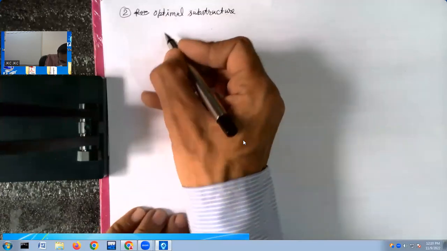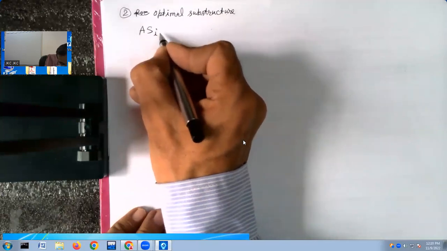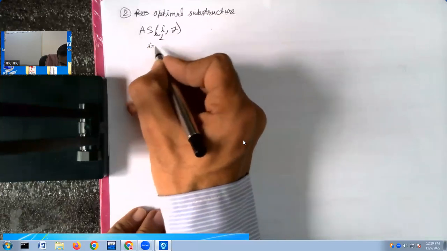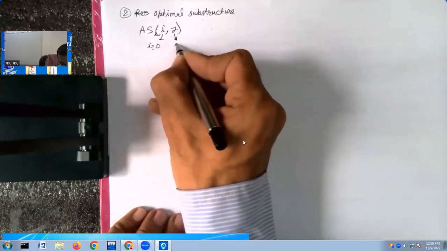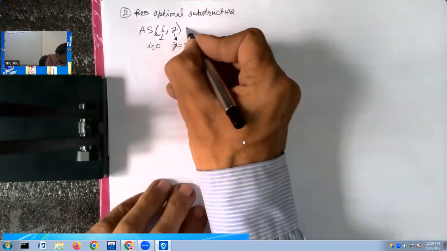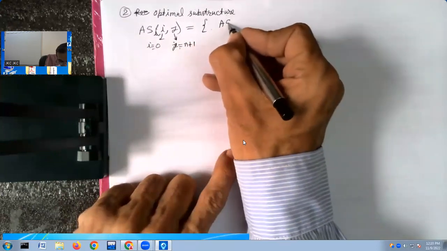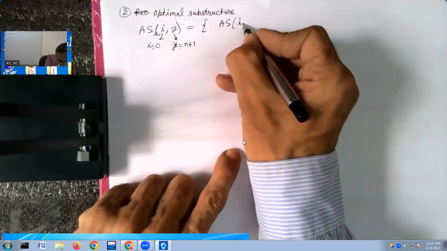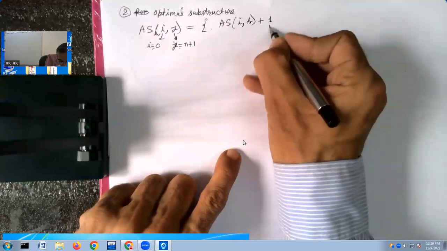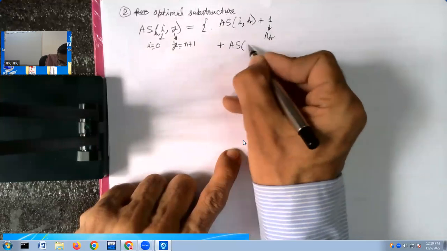using subproblems. If I want to find out AS ij, effectively i is equal to 0, j is equal to n plus 1, then I want to find certain activities which will be compatible with i to k, I claim, plus one activity which is Ak, plus AS kj.